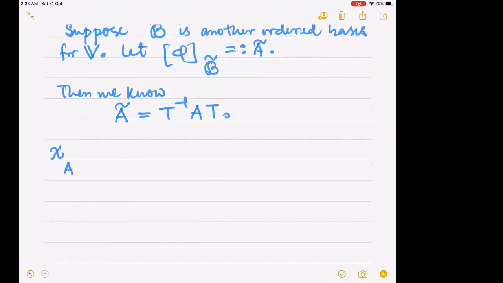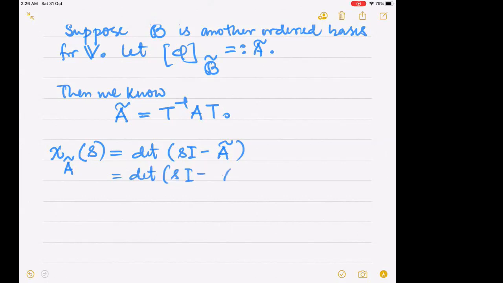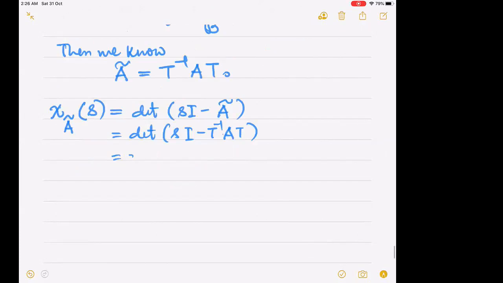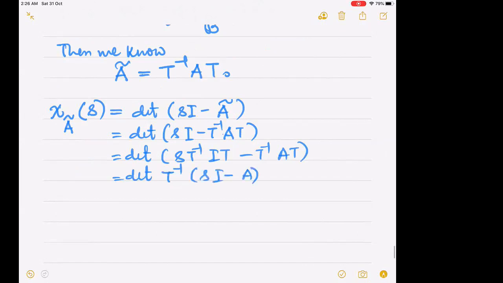Chi of A tilde at S is the determinant of S I minus A tilde, which is the same as the determinant of S I minus T inverse A T. Note that this can be written as the determinant of S T inverse I T minus T inverse A T, which is the same as the determinant of T inverse times (S I minus A) times T.